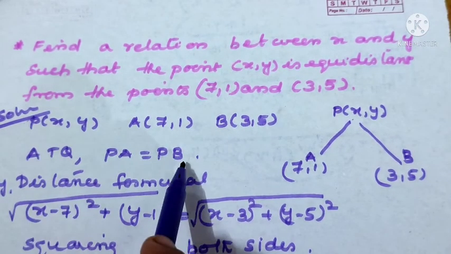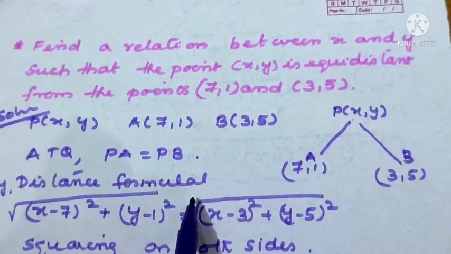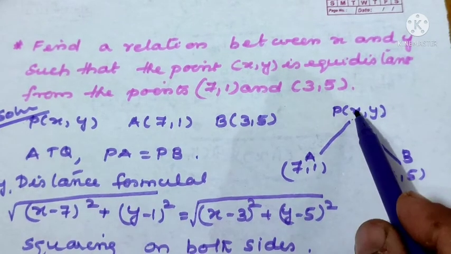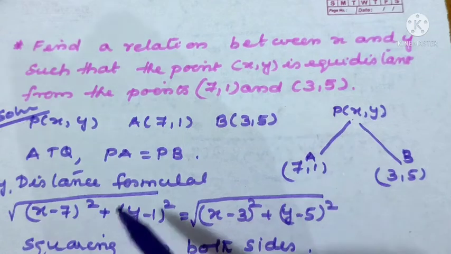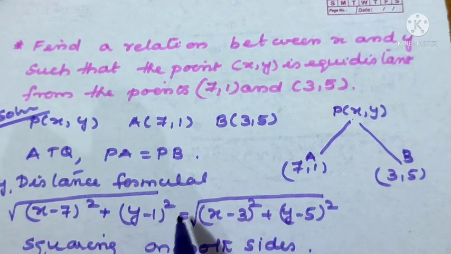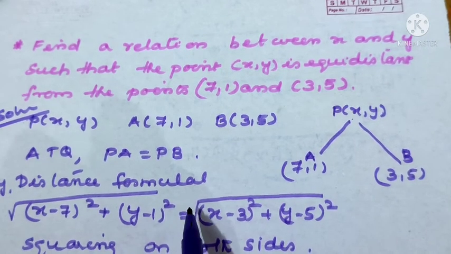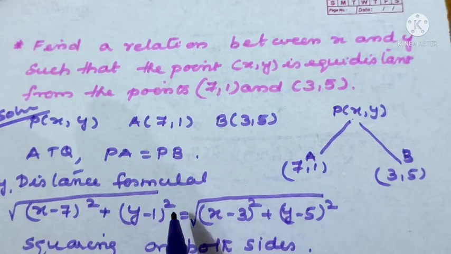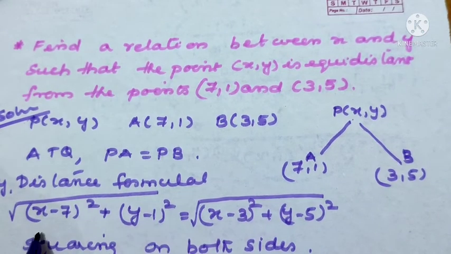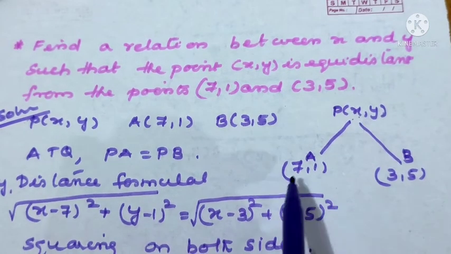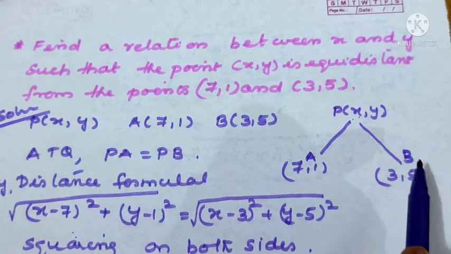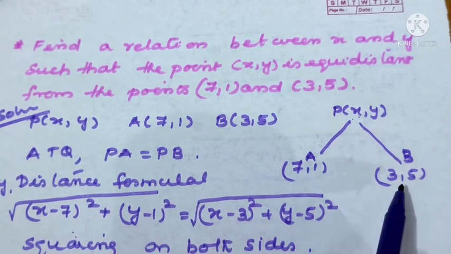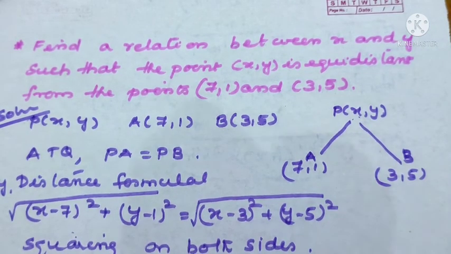According to the question, PA and PB by distance formula, what we can write, x minus 7 whole square plus y minus 1 whole square, that is under the root, because the distance formula, as you know, is root of x2 minus x1 whole square plus y2 minus y1 whole square, that only we have applied here. Similarly, PB means x minus 3 whole square plus y minus 5 whole square.